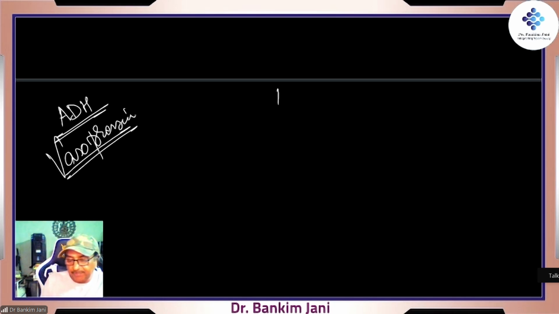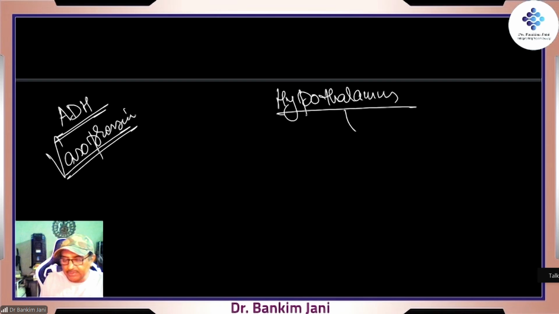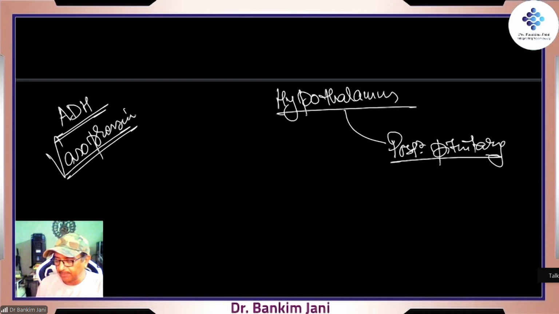Now see, in our brain there is the hypothalamus. The hypothalamus is like a master gland, a master controller, connected to the anterior pituitary and the posterior pituitary. So this is made in the cell bodies of the hypothalamus, and then it is released.